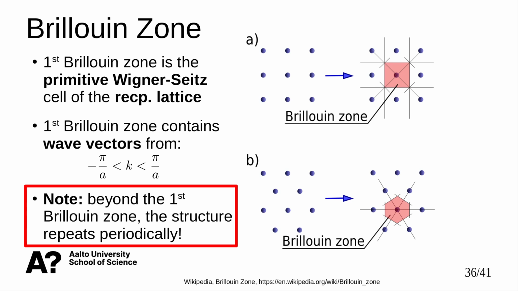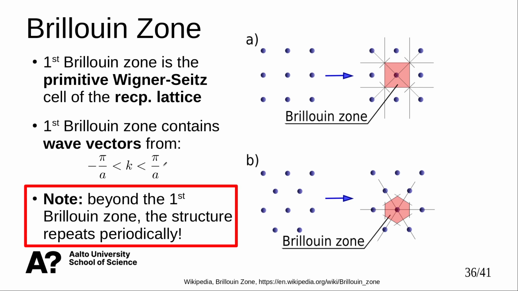So the Brillouin zone is the primitive Wigner-Seitz cell of the reciprocal lattice. So the Wigner-Seitz cell is the minimum polyhedron in 3D. You can basically draw it in a real lattice, and the first Brillouin zone is its analogue in the reciprocal lattice. And what it basically means is that the wave vectors contained in the first Brillouin zone go from minus pi/a to plus pi/a.